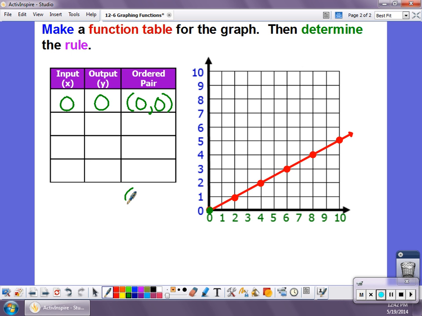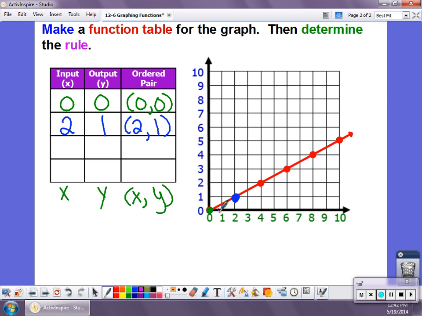And remember, the x value of your ordered pair is your input, and the y value of your ordered pair is your output. So if you can create an ordered pair, like in this case 2, 1, then you can create your inputs and your outputs. Your input here would be x, your output would be y.